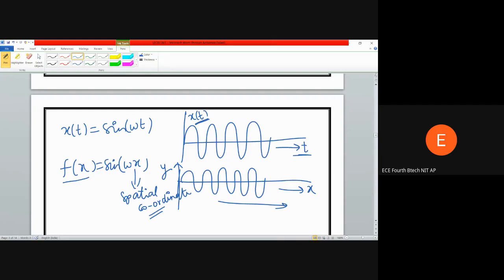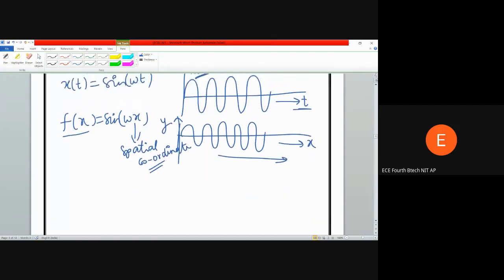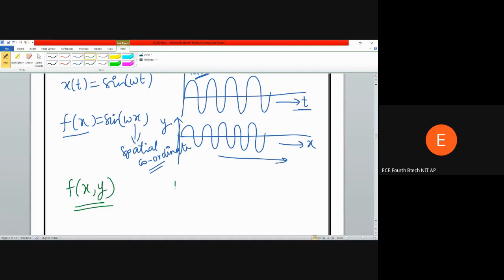Now, f of x comma y. So at some x value and at some y value, if I give the x coordinate and y coordinate, it gives you the value, that is the amplitude.